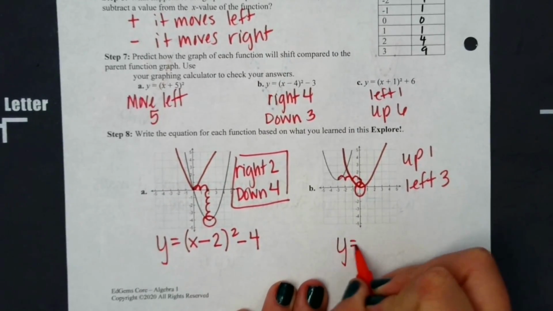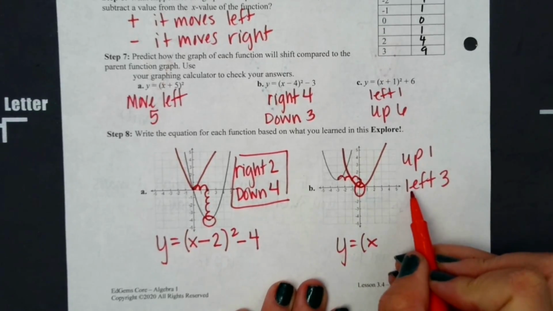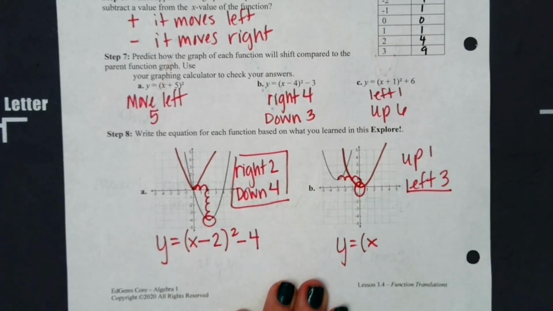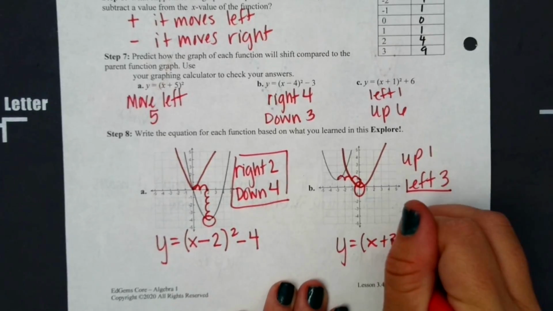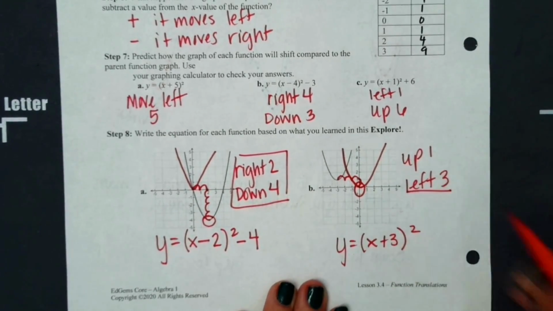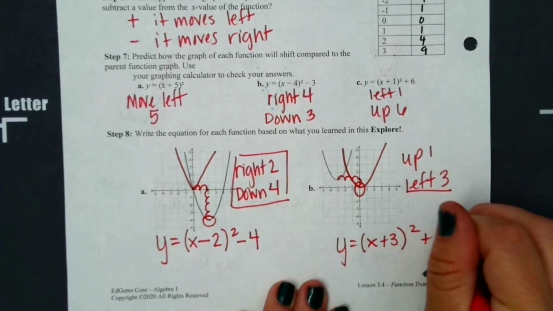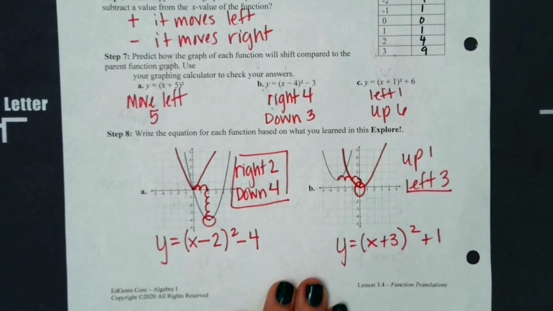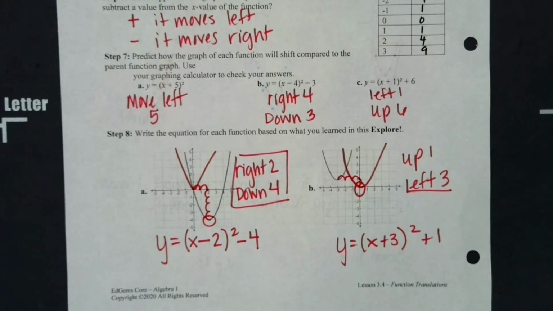So y equals x. I went left 3, so what am I going to do? And then I went up 1. Then you went left 3. How did you get the 3? Right here. So, see how our parent function is here?